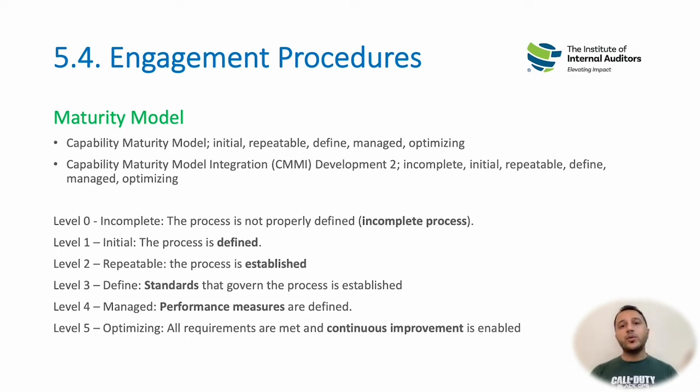Level 4 is where we evaluate the performance of that area against those KPIs, and level 5 is where the process is established, we have KPIs, we are monitoring, but then there is a need for continuous improvement, where we look at our environment, we look at our competitors and see how we can further optimize and accelerate our process.